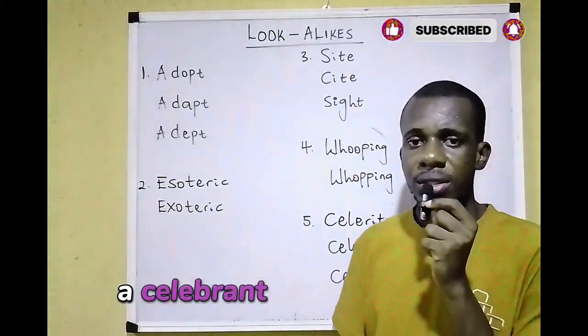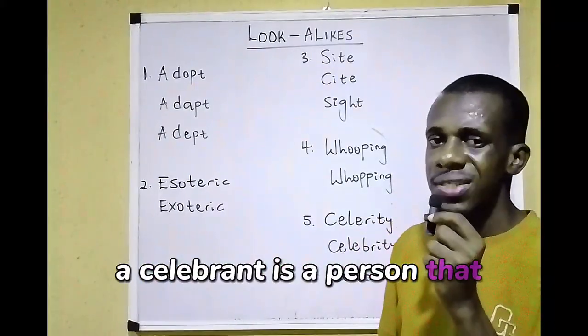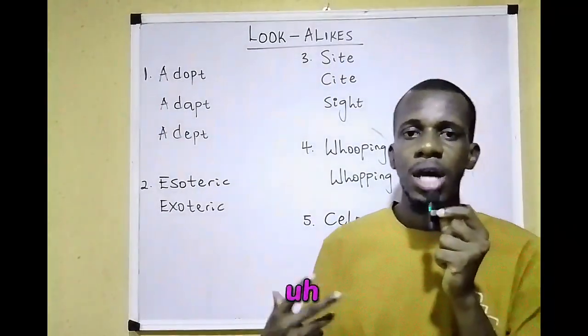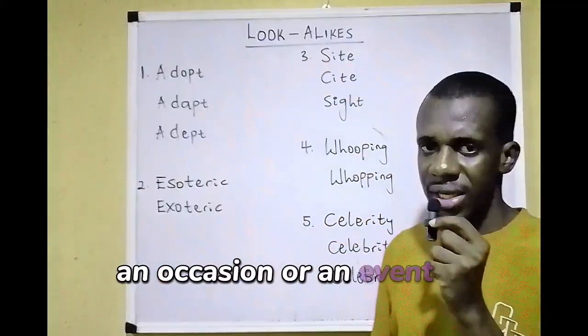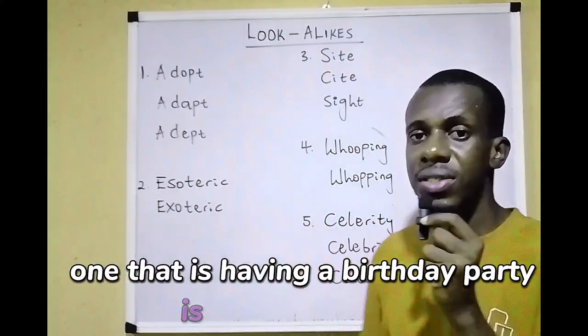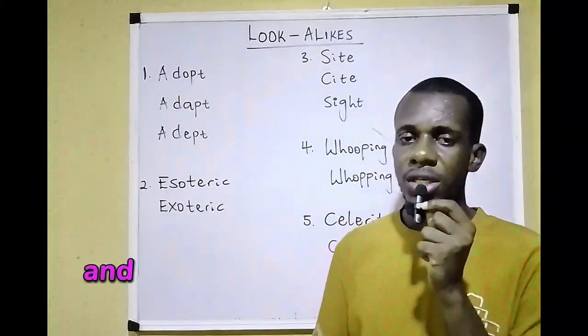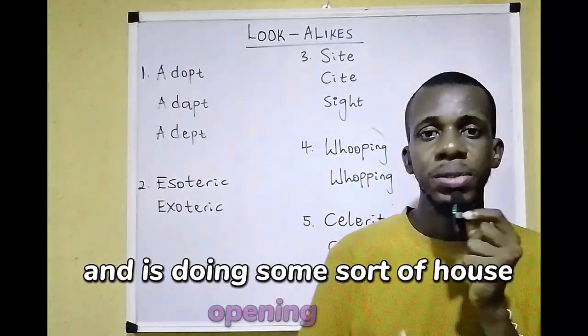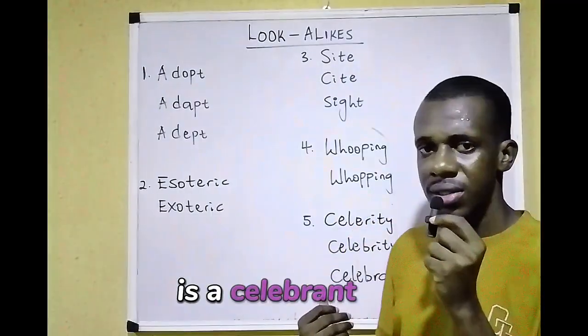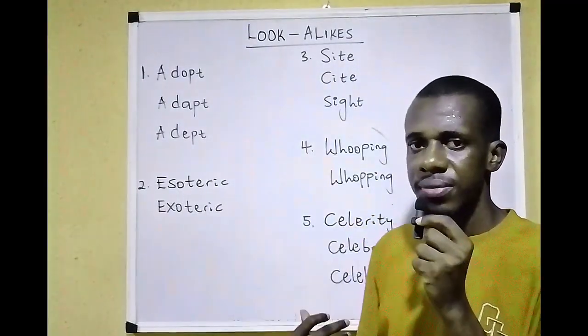A celebrant, in popular opinion, is a person that celebrates an occasion or an event. For example, one that is having a birthday party is a celebrant. One who just built a house and is doing some sort of house opening party is a celebrant. One who is getting married is a celebrant.